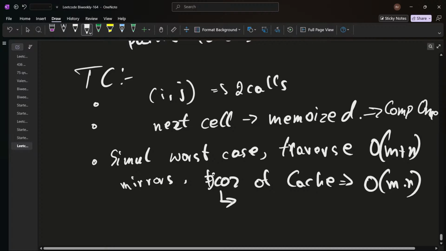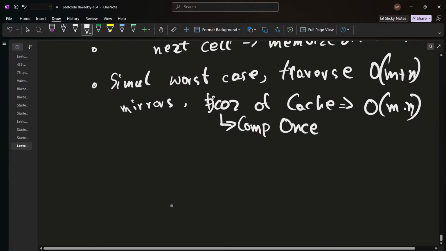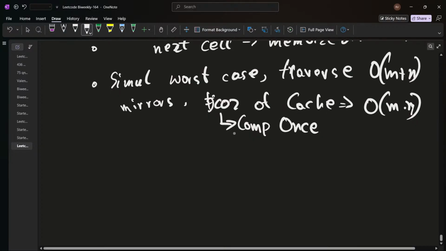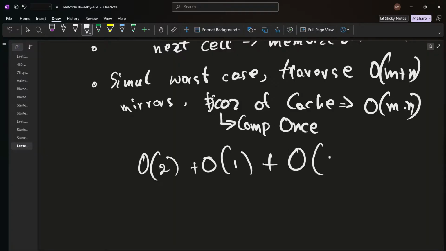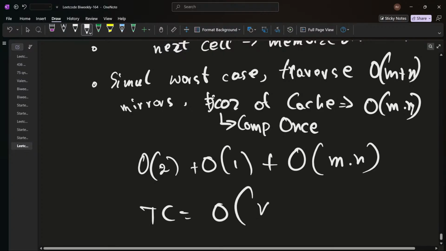Because of the cache, it is computed once. So the overall time complexity is O of 2 plus O of 1 plus O of m into n. The time complexity is O of m into n.